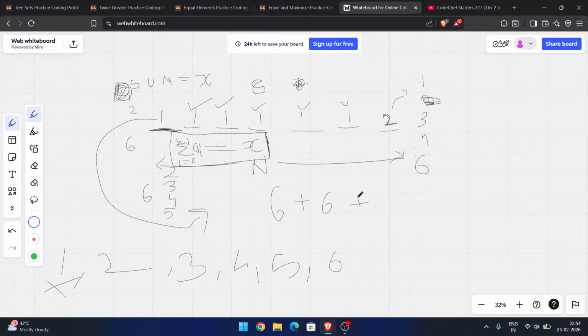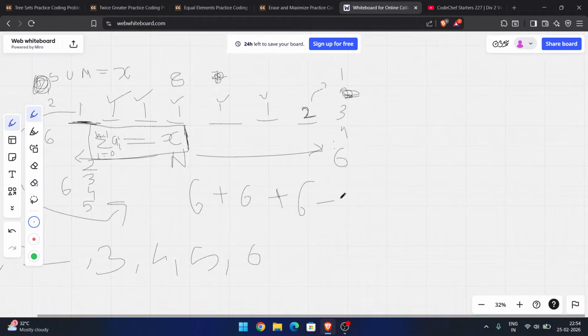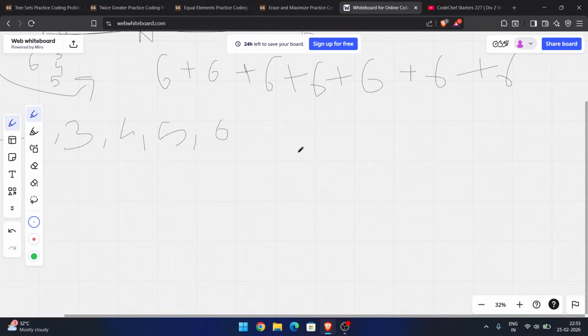For this also, 6. For this too, 6. So total 6 times we have taken 6. And here we can't take 2, but still we can take 6. So 6 into 7 would be our answer.